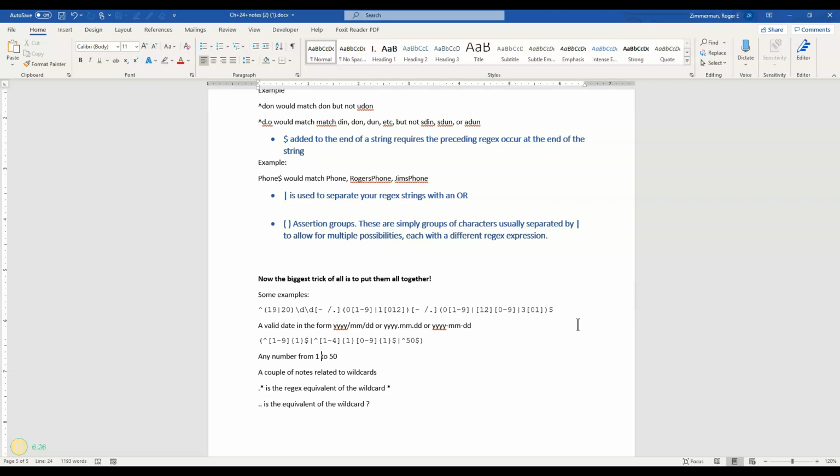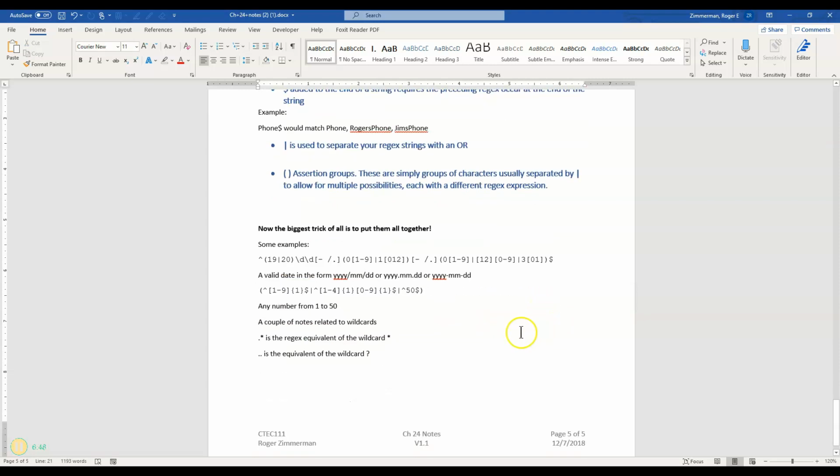However, it can be difficult to make them not match something you don't want it to match. As I pointed out up here, we had a couple of problems with this one. Again, remember, dot asterisk is equivalent to the wildcard asterisk. Dot dot would be the equivalent to the wildcard with a question mark.